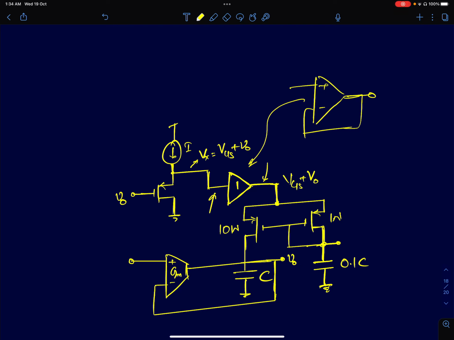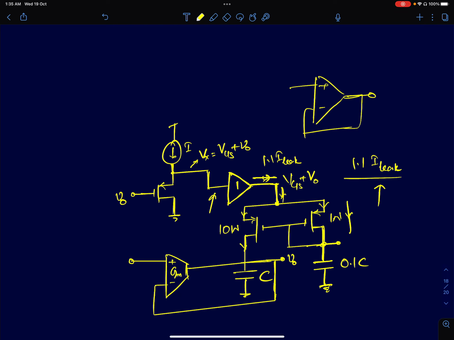If I use this, then whatever current is demanded by this current mirror structure will be supplied. The current mirror structure will demand a total current where I leak has to flow in the mirroring arm, and 0.1 I leak has to flow in the current measuring arm. So the total current it has to supply is 1.1 I leak, and this current will keep changing with temperature. That current of 1.1 times I leak has to come from the voltage buffer.